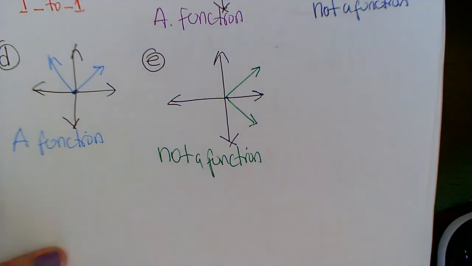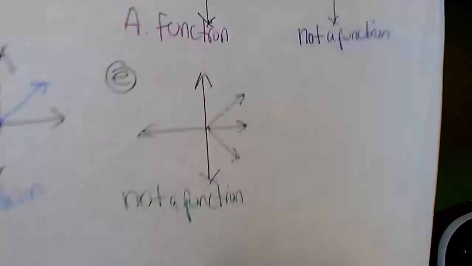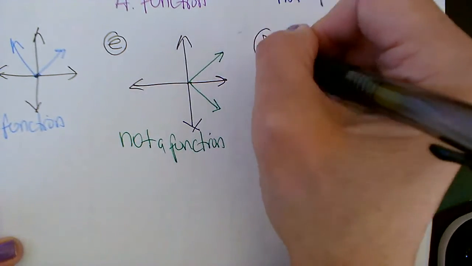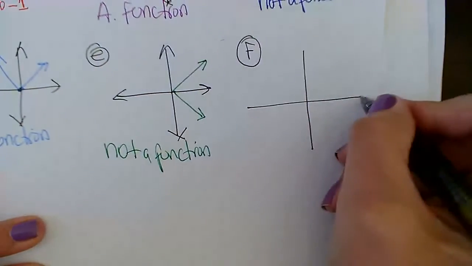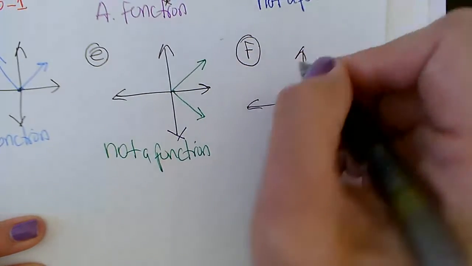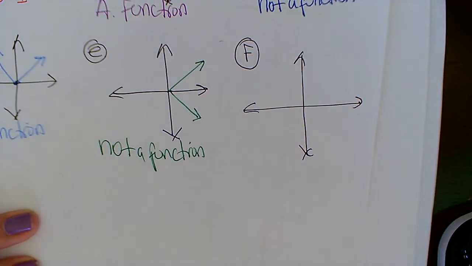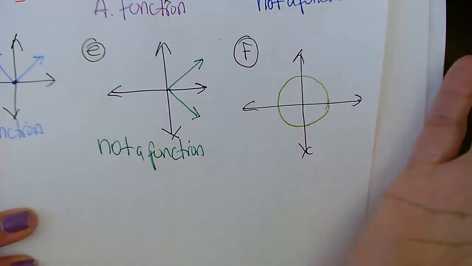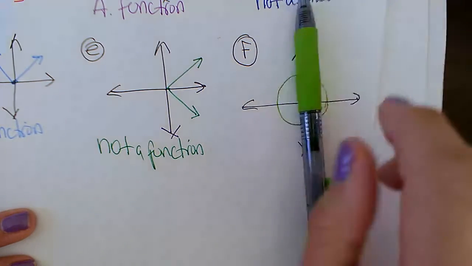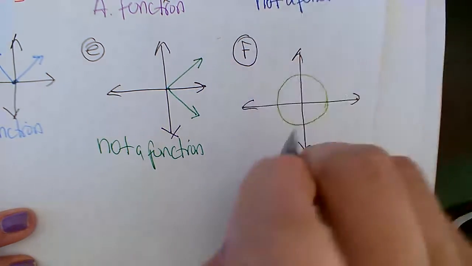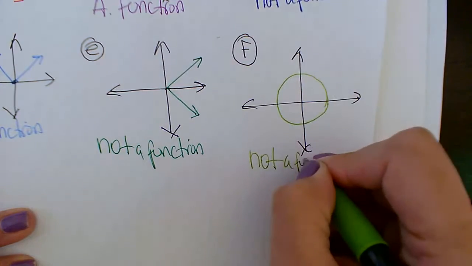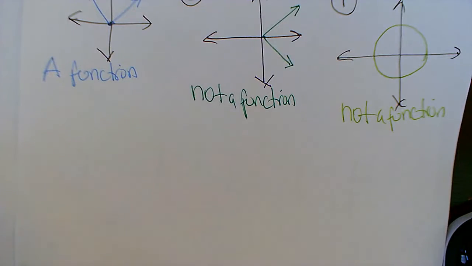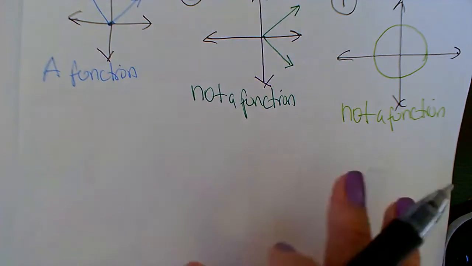Okay, let's do the next one. D, E, F. So this one, it's not a function. Does not pass the vertical line at all. I have many examples. I'm gonna keep going.